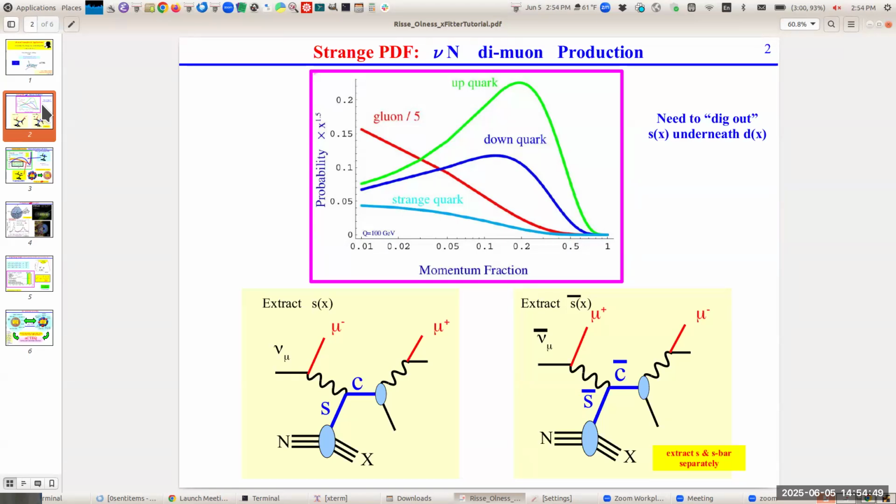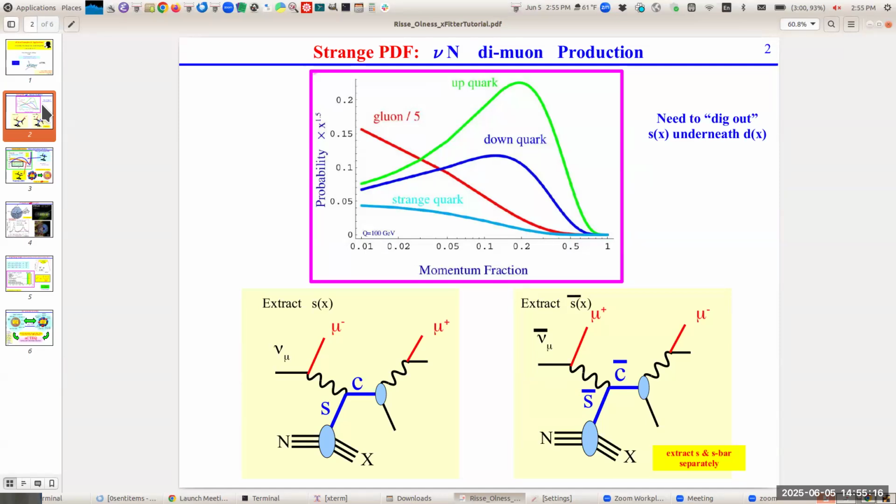Roughly that gives you a ratio between the strange and down. The down will also go to up, but the difference is the charm is heavy, and that can give the muon a significant PT, and you get an isolated muon in the case of charm, whereas typically you don't get that in the case of the down. So that's how they got the strange quark underneath the down.